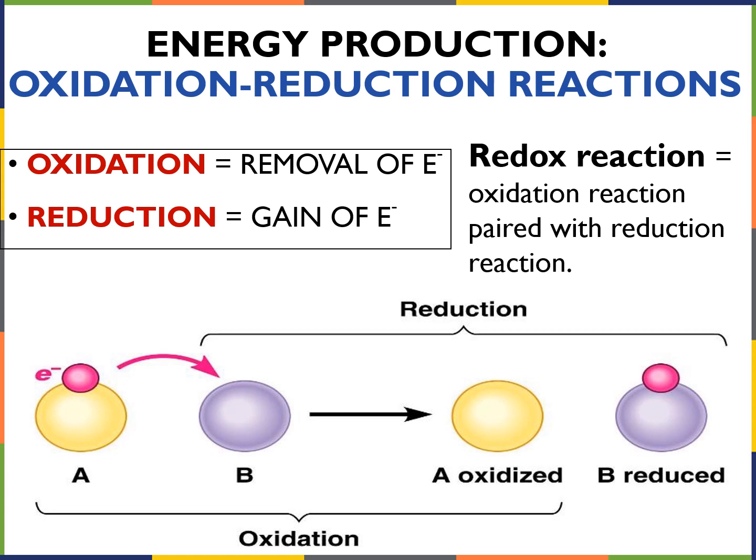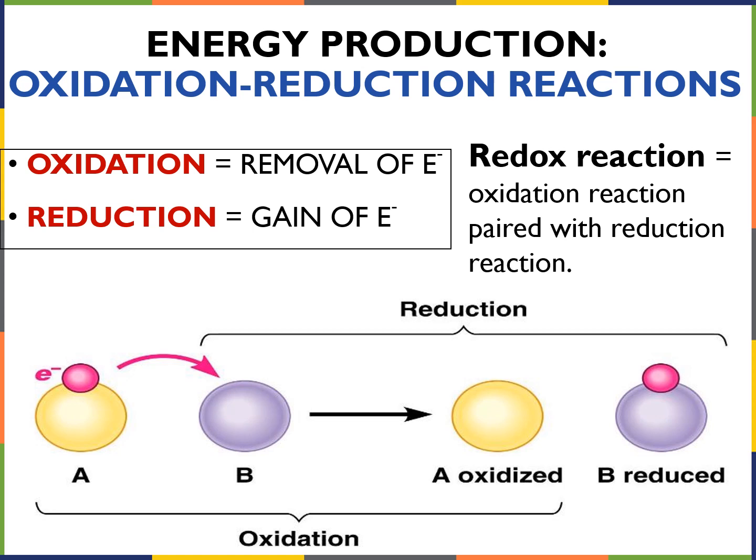Well, in the reactants, you see this yellow molecule, and it's showing an electron here. Well, then if you follow it over to the product, it lost that electron. Loss of electrons is oxidation. So that yellow molecule has been oxidized.